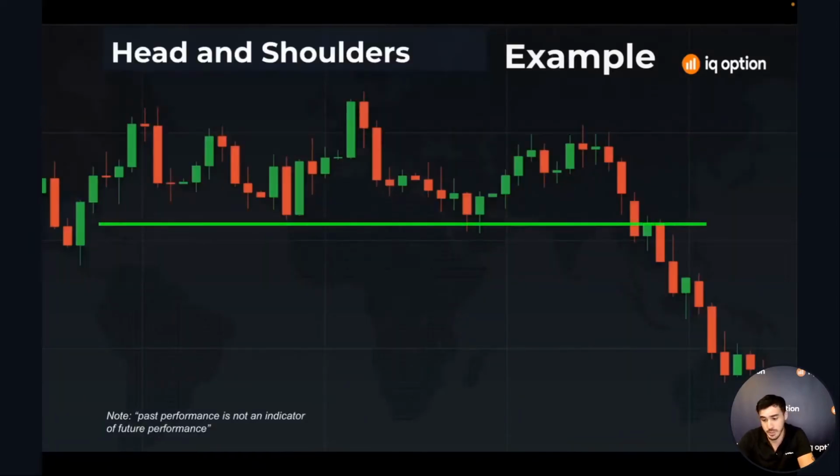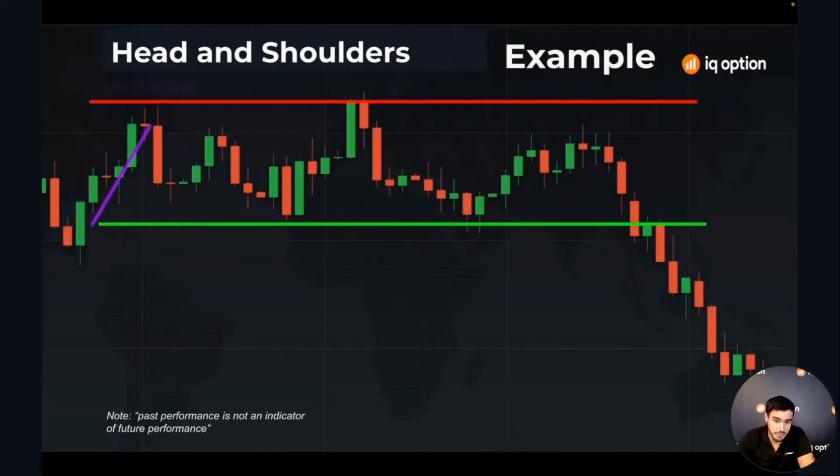Head and shoulders. Very nice pattern. Here we have a first shoulder, then the price goes up again, beating the previous high, meaning I'm making a head here, coming back to the very same support price, also called the neckline. Then the price starts to go up.